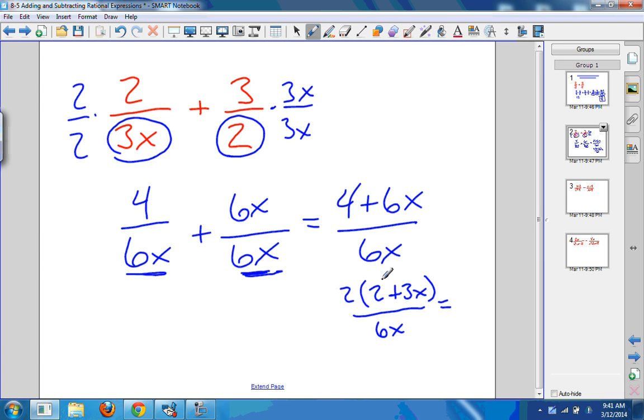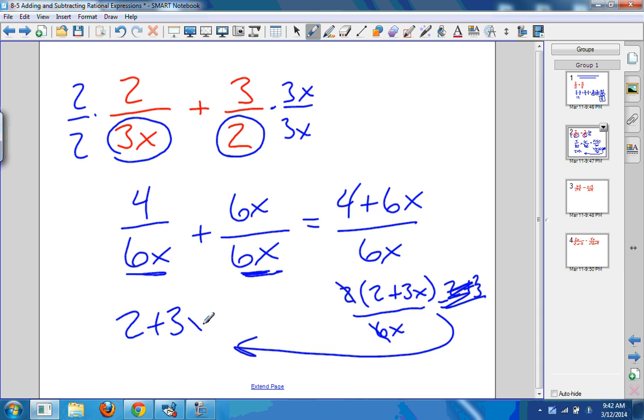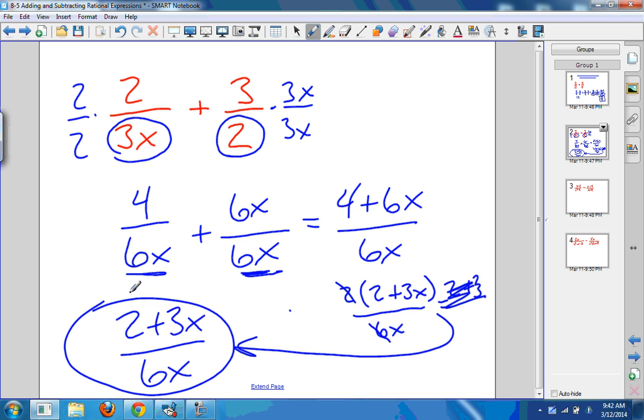So I can say, I cancel this out, and I cancel that out with a 3. So I say this is equal to 2 plus 3x. That's not a 3. Let's go ahead and write it over here. I'll say this is 2 plus 3x over 6x. And that would be the simplest form that I could put this answer in.